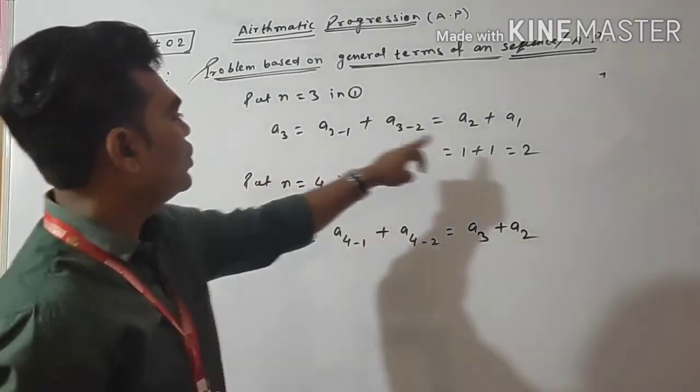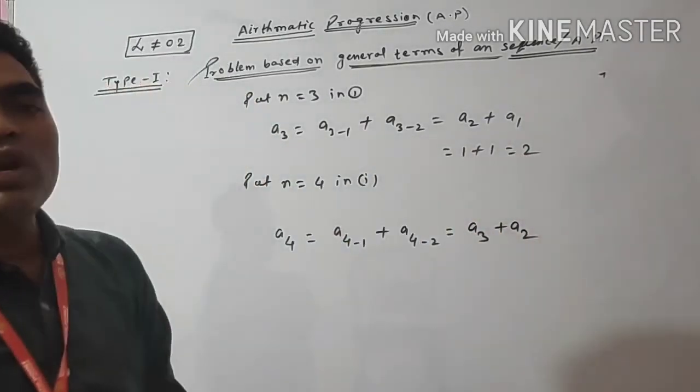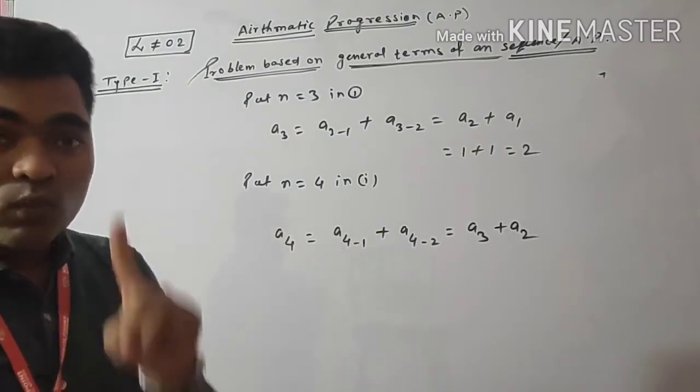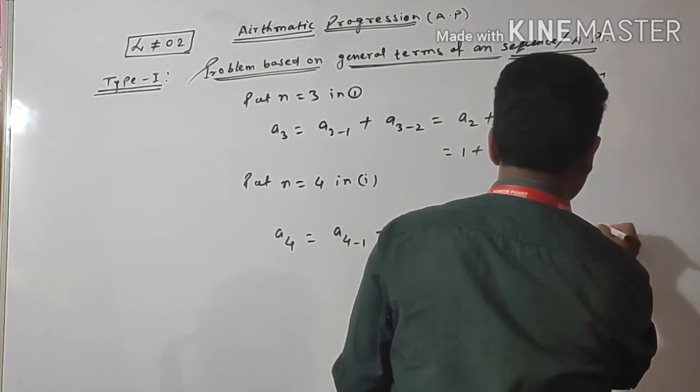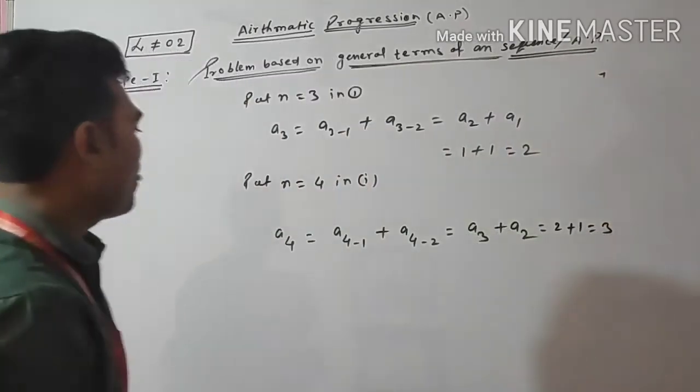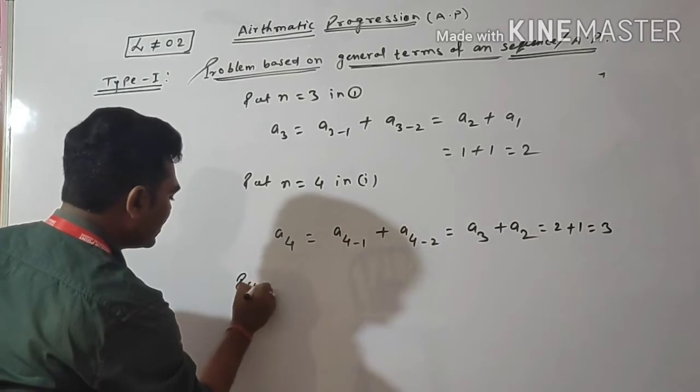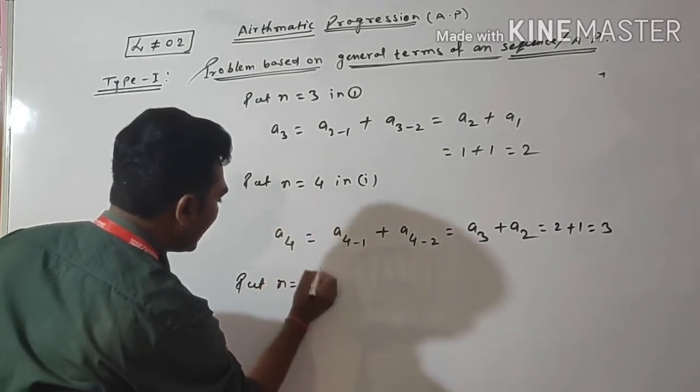And a3 is equal to 2 and a2 is equal to 1, given from the question. And this equals 2 plus 1, which is 3.